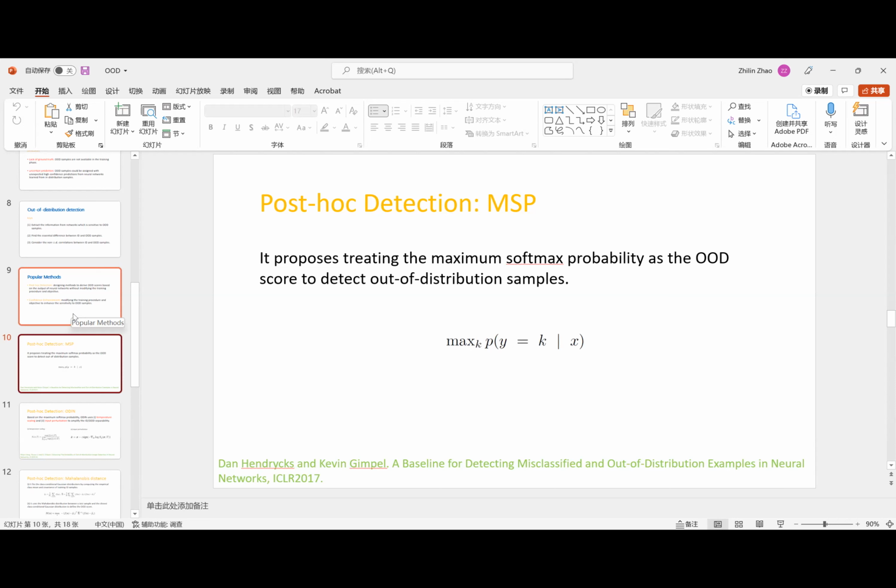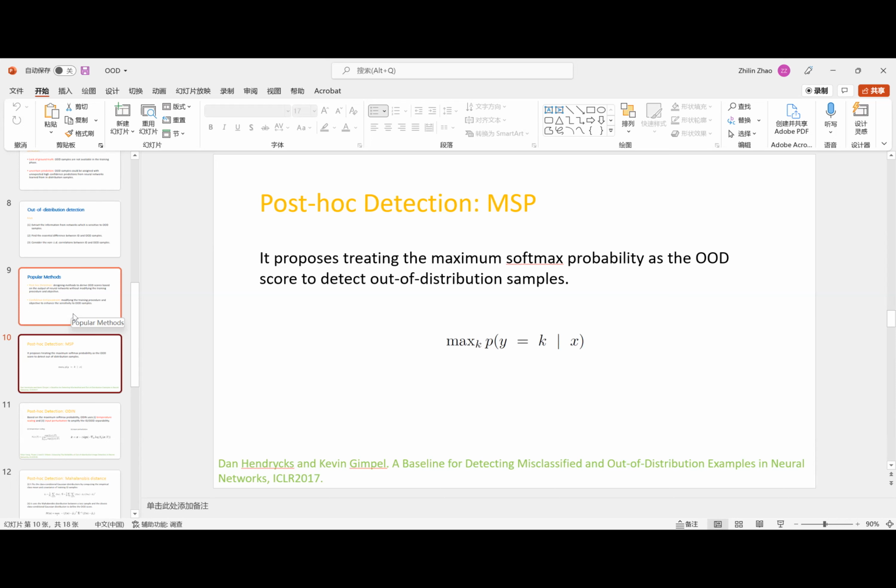Okay, this method is the baseline method of OD detection. For the classification task, we usually use the cross entropy as the loss function for our network, right? So this method uses the output confidence as the OD scores for the test samples.